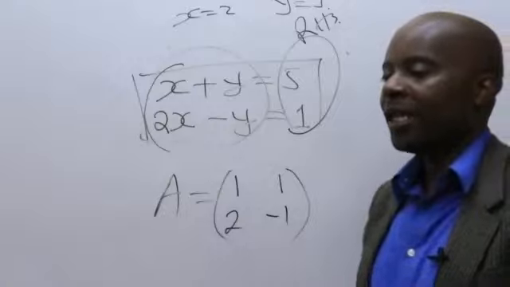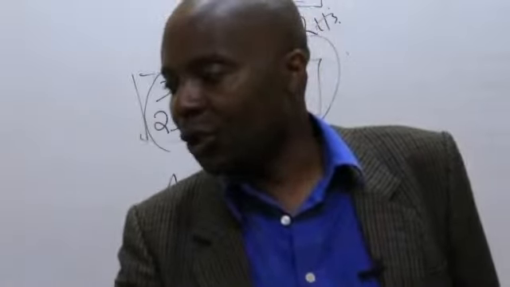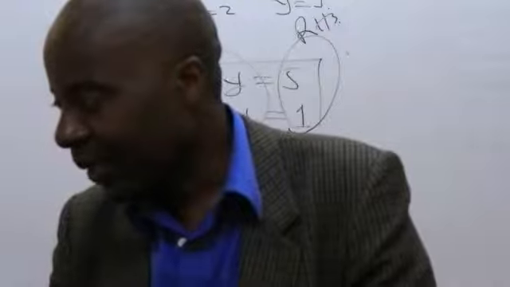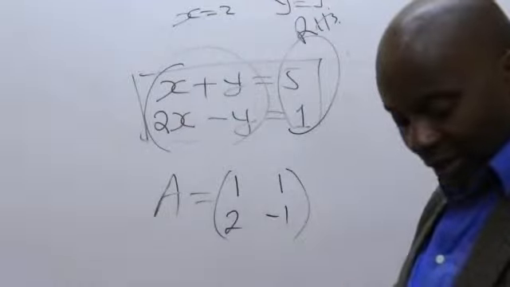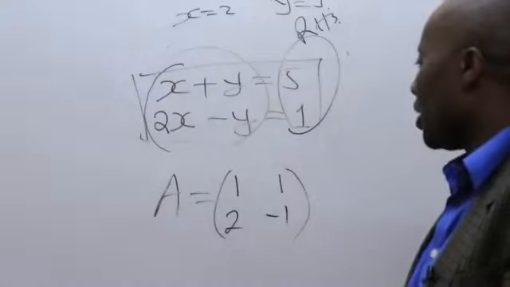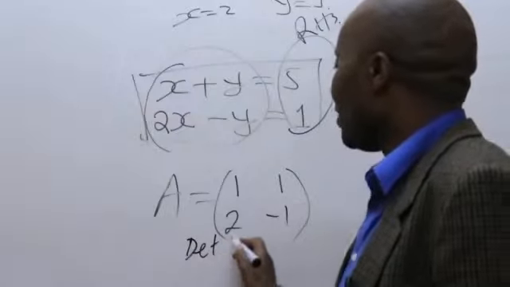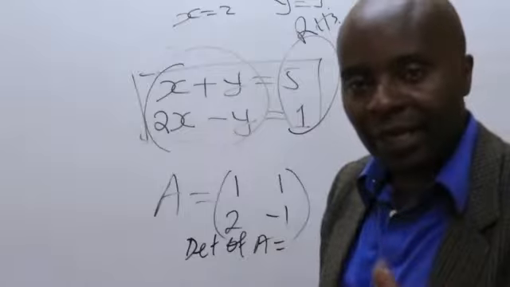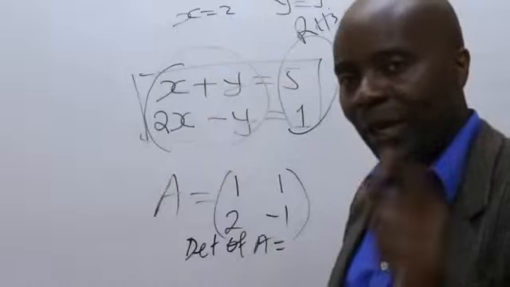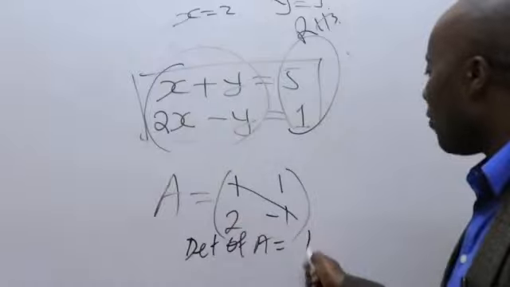So please go ahead and give me the determinant of A. How do we get the determinant of this matrix? It's very easy. I need to take the product of the primary diagonal minus the product of the secondary diagonal. So for the product of the primary, we have 1 times minus 1.